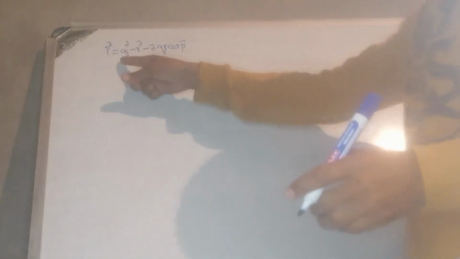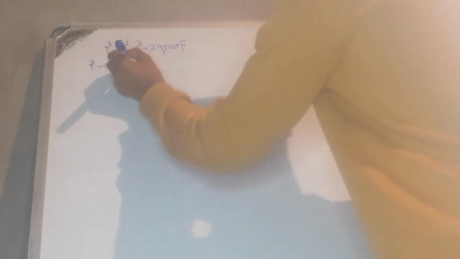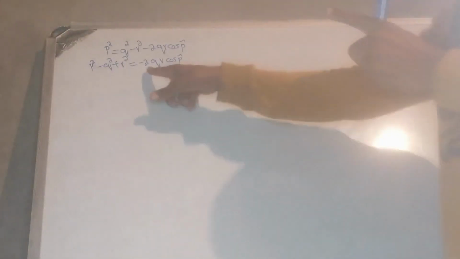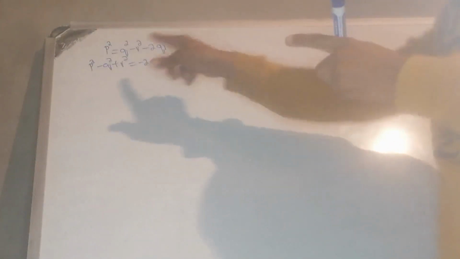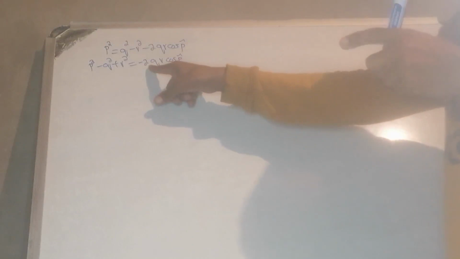We will take this and this to the other side. We have p squared. We are taking this, it becomes negative. We are taking that, it becomes positive. And we will be left with negative 2qr cosine of angle p. And then from there we will divide both left and right by negative 2qr.